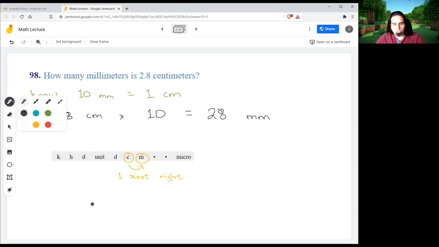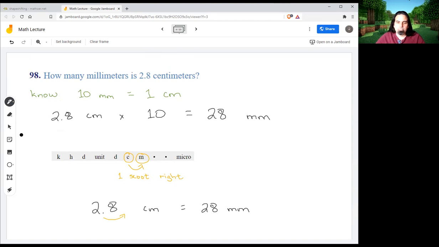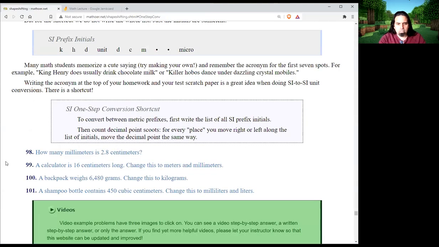So all I had to do was take my 2.8 and also scoot that decimal 1 point to the right. Again, just for the sake of completeness, in this case, our unit was meters, and the prefixes we cared about were centi and milli. But I wouldn't normally write all that. Let's do some others.